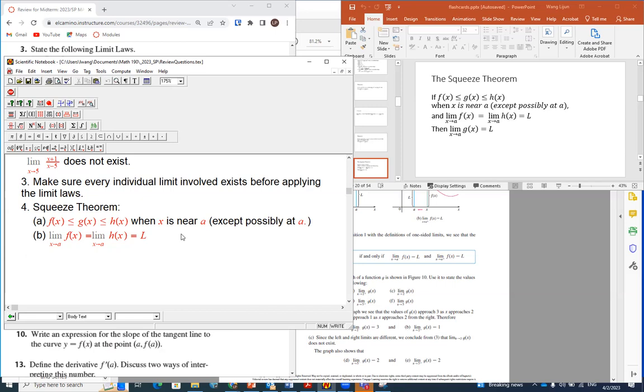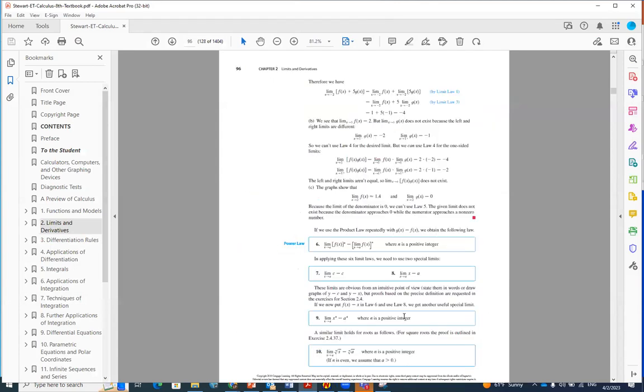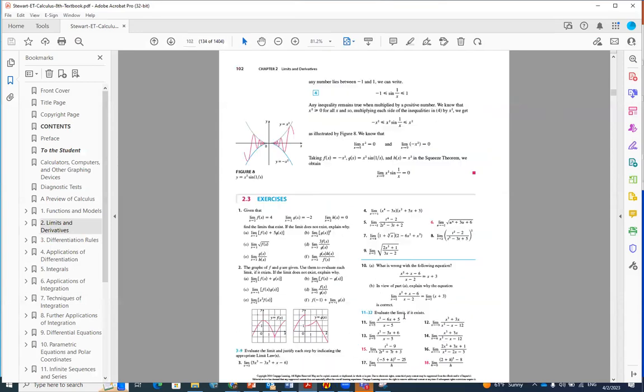And then we have a conclusion. That conclusion is that the limit of the function that's squeezed in between is also going to be the same limit L. So those are the conditions of the squeeze theorem.